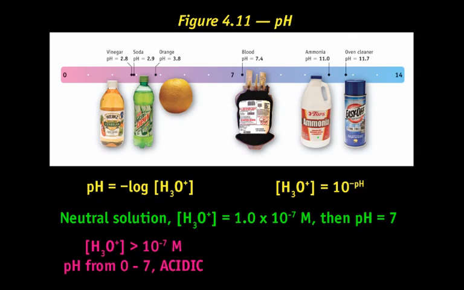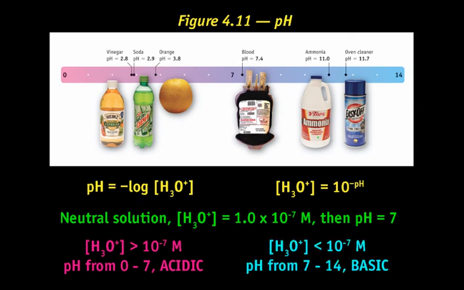If the hydronium ion concentration is greater than 10 to the minus 7 moles per liter, that means the pH ranges somewhere from 0 up to 7, and the solution is acidic. Let's say the hydronium ion concentration is 10 to the minus 3. The logarithm of 10 to the minus 3 is minus 3, and so the pH is plus 3.